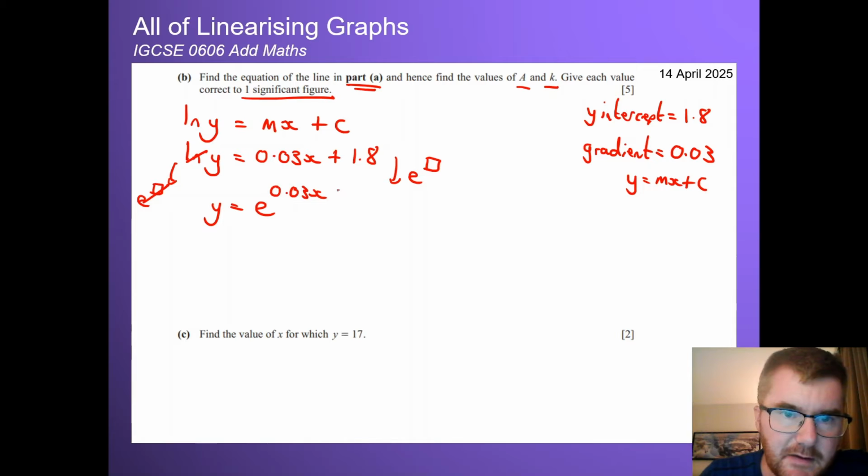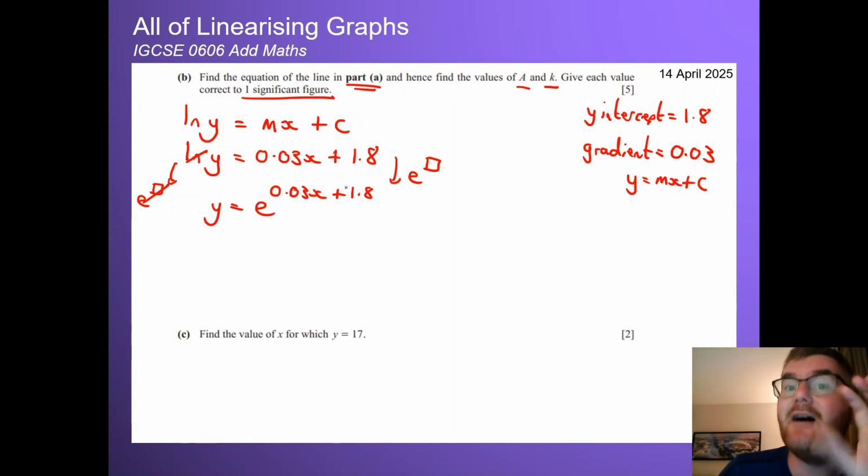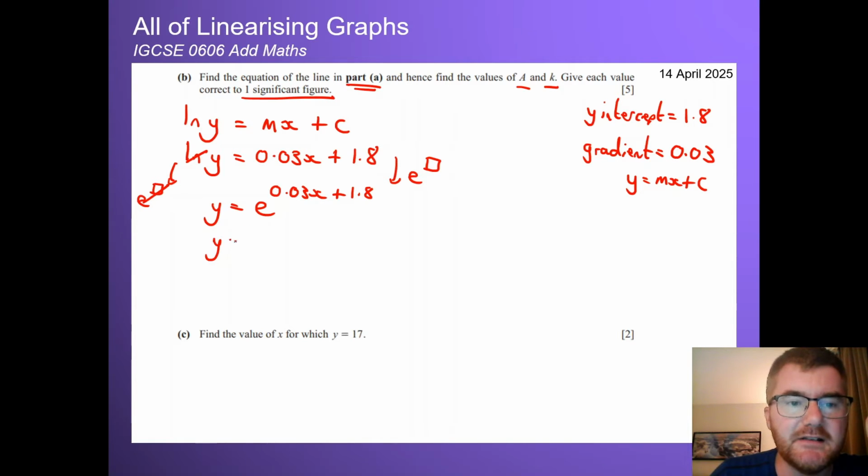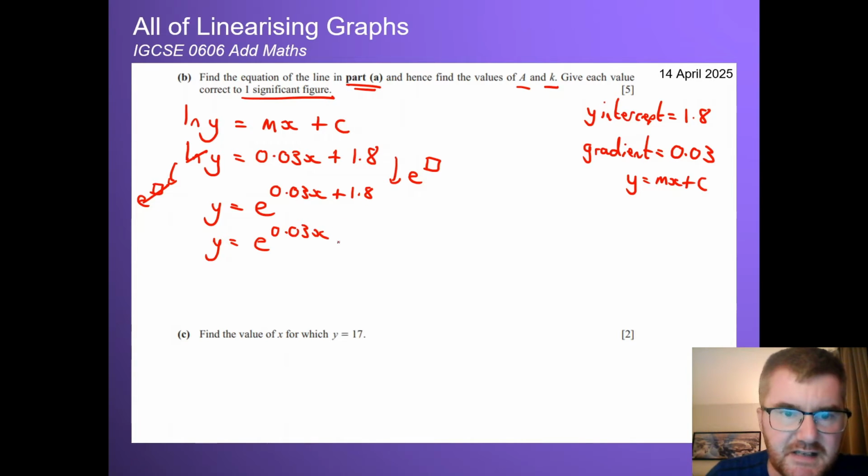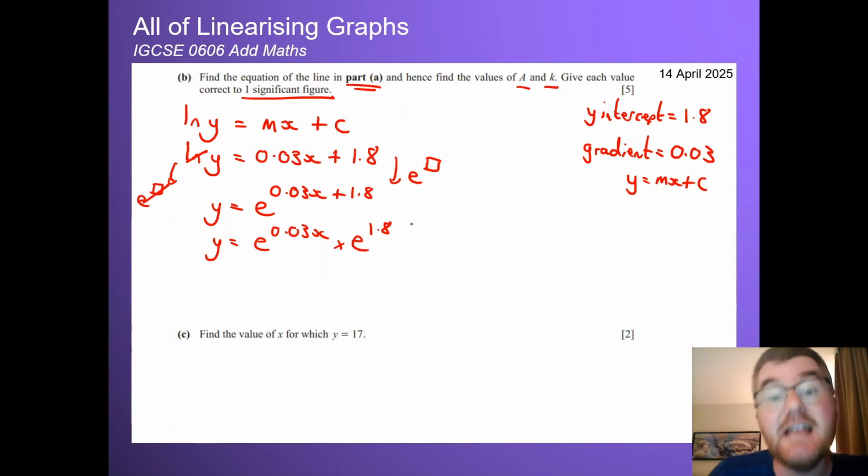So this is where we have to be nice and careful. We're raising everything, we're not doing it separately. But remember our index rules, which is if you're adding indices, it's the same as multiplying. So we can separate this out. This is a common topic you see in differential equations, which if you do pure 3, you're going to see. So we can rewrite this as e to the power of 0.03x times e to the power of 1.8.